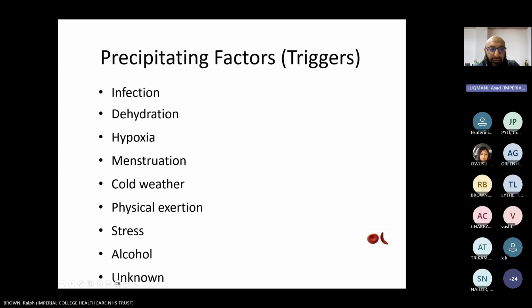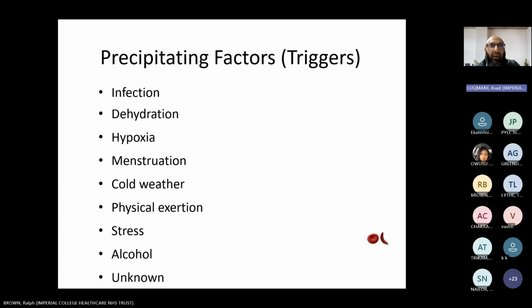I've listed here some of the trigger factors for sickle cell crisis. Many of them are well known to us. So infection, which we screen and test for in patients when they present with crisis, dehydration, and hypoxia. Hypoxia is important when patients are undergoing surgery, as they may be exposed to hypoxia due to the general anesthetic and need to be managed carefully around the perioperative time.